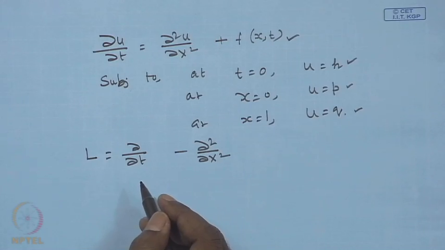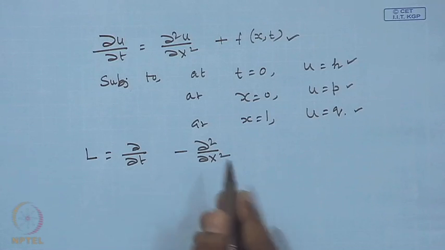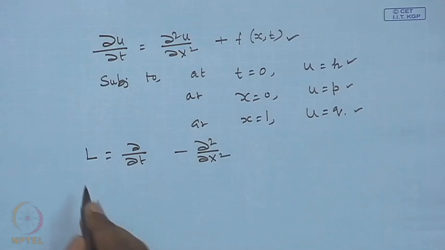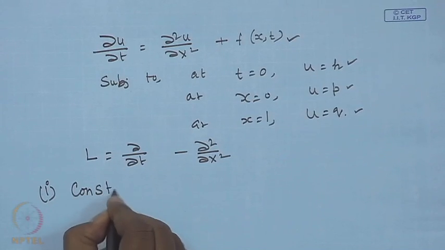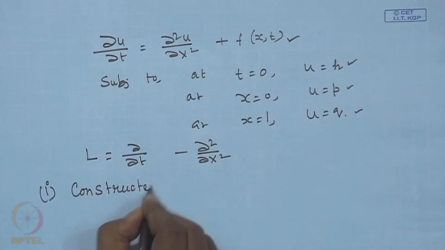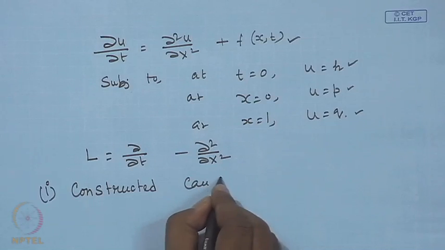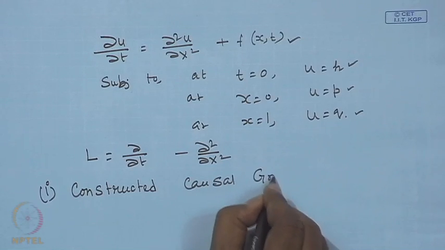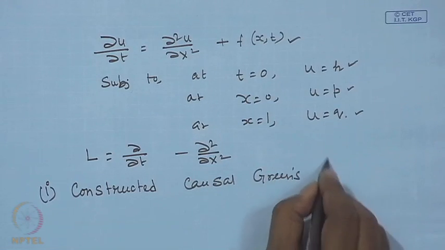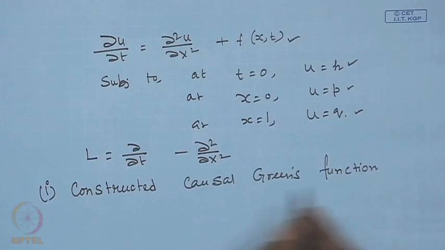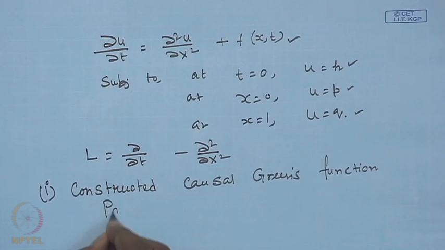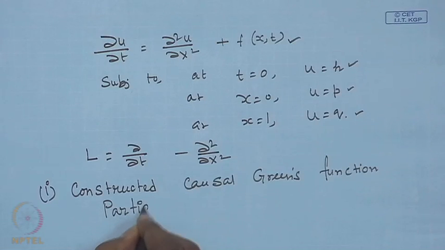I am just summarizing whatever we have done in the last class in context of solution to this problem. So, what we did, we constructed the causal Green's function, and the method that we have adopted is partial eigenfunction expansion method.